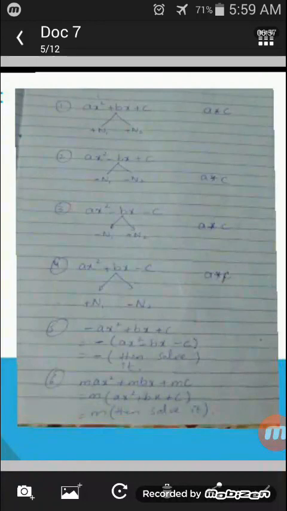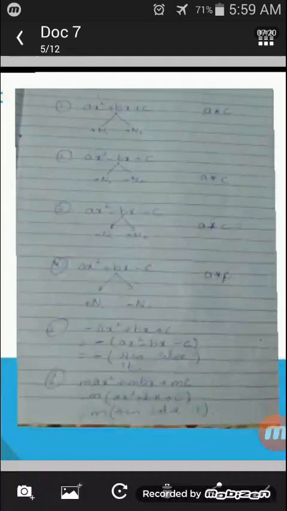Case number 5 is when you have this situation like minus ax square plus bx plus c, then you must take common minus first from this expression. So when you take minus common from this expression, then it will change all the signs within the bracket.